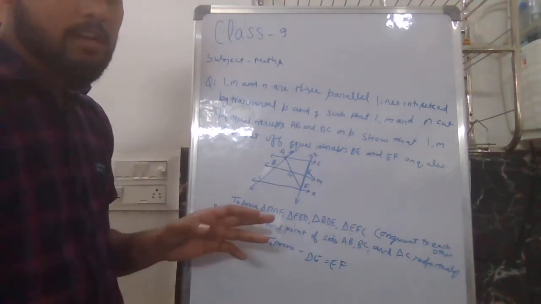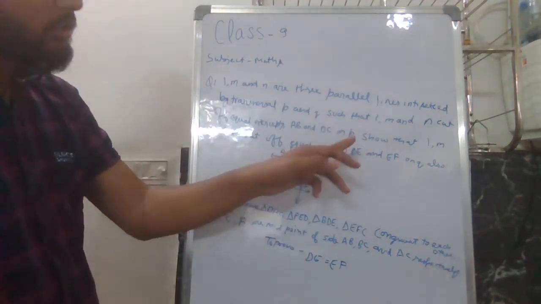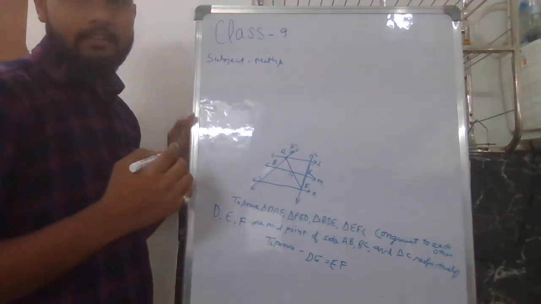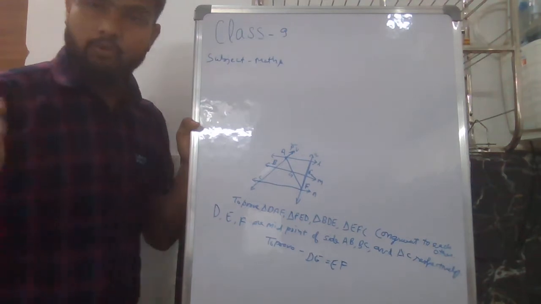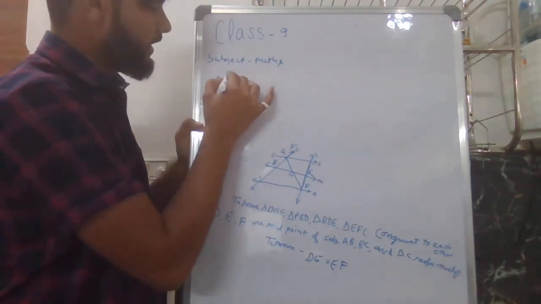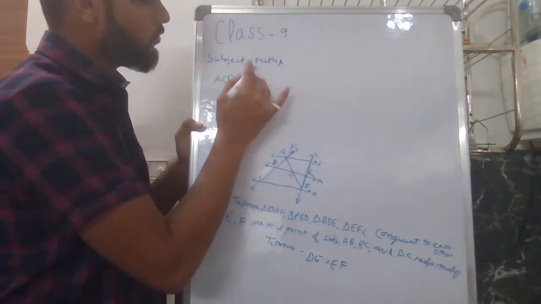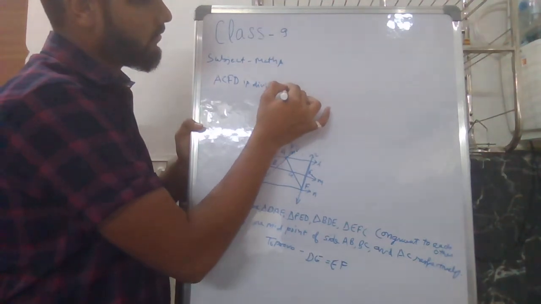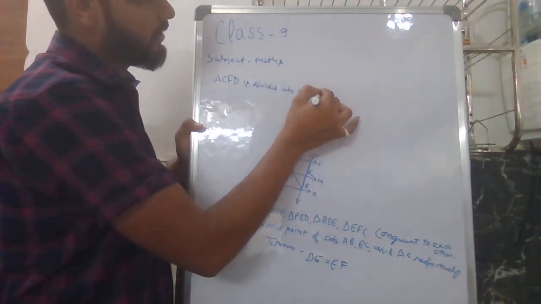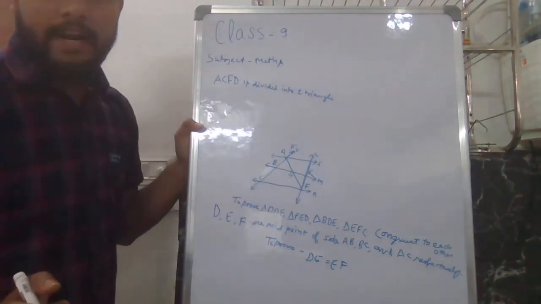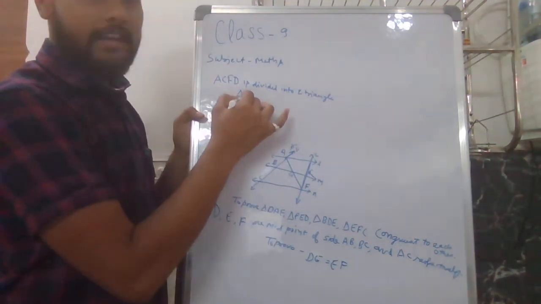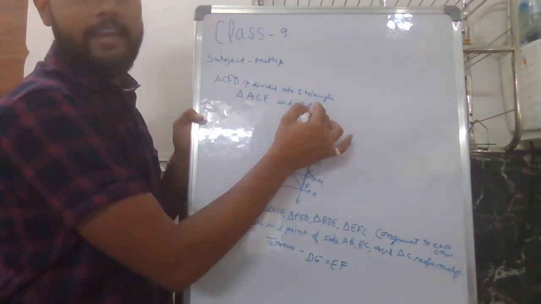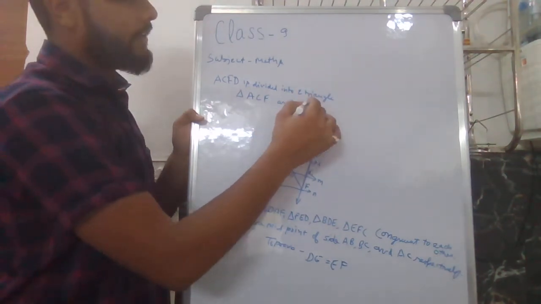I will write this theorem first and then write it here. So the first triangle is triangle ACF and the second one is triangle AFD.